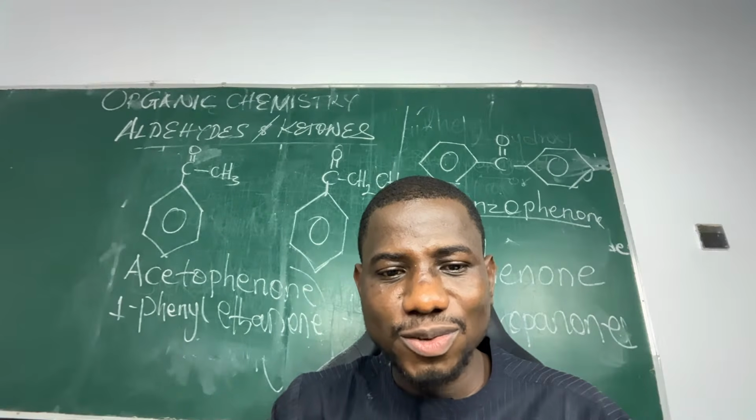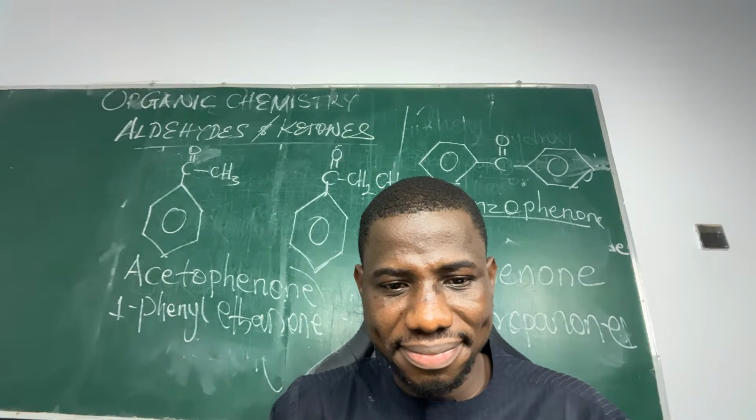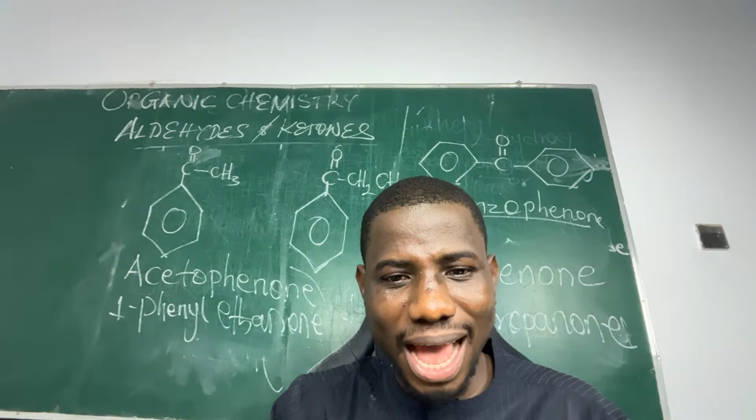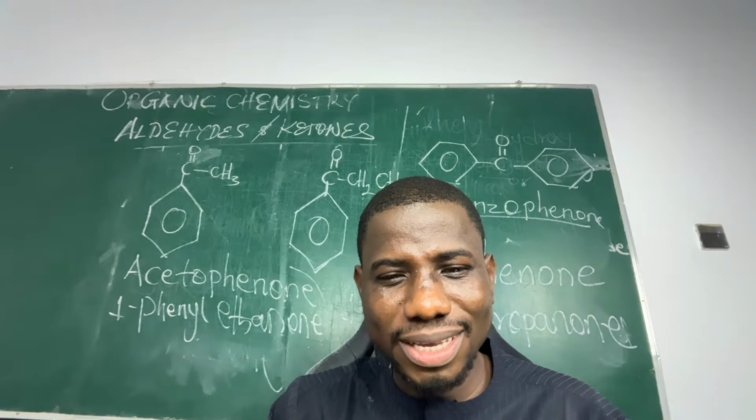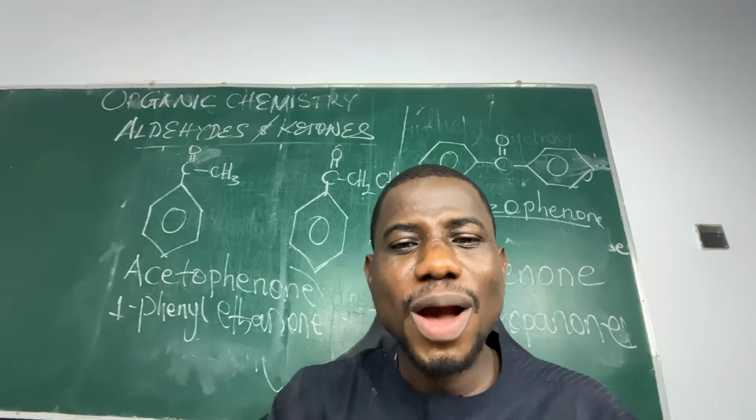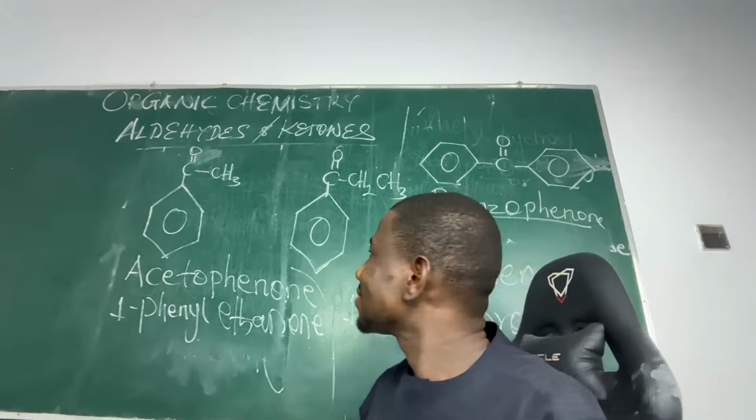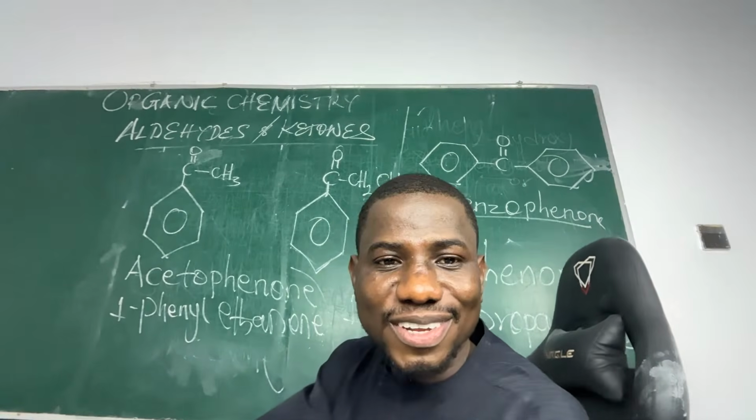I want to ask you a question. There's a question that came to my mind. If you have these, what will you call it? Let me see how good you are.